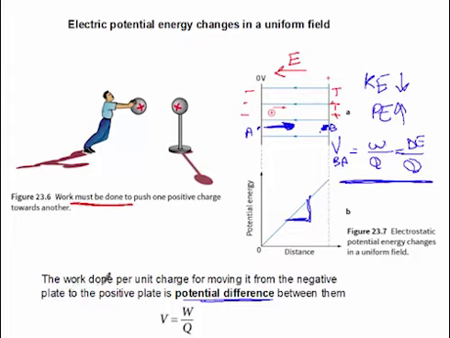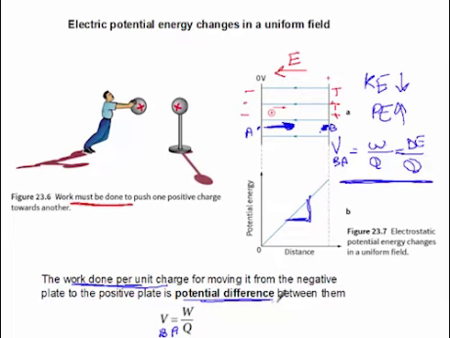So here we have the work done per unit charge. Dividing work over the charge will give us the work done per unit charge. For moving a charge from the negative plate to the positive plate, for example, from plate A to plate B, will give us the potential difference between A and B. This is the work done, this is the charge.